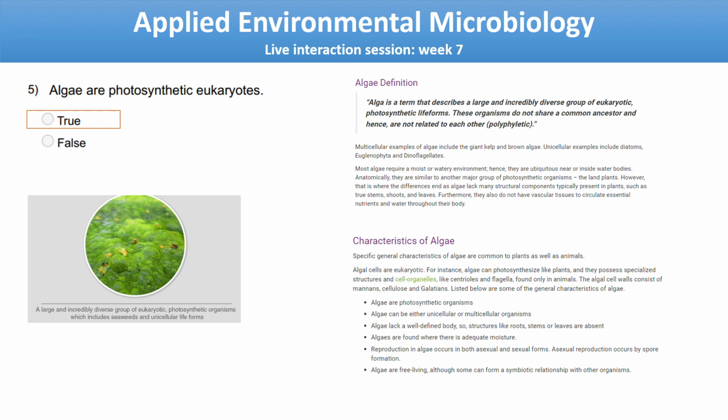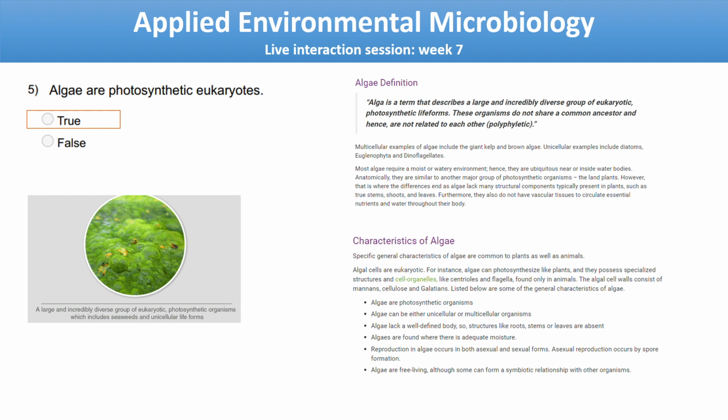So basically algae is defined as a large group of eukaryotic photosynthetic organisms, and they do not share a common ancestor, and therefore we cannot say that they are related to each other. So they are polyphyletic.